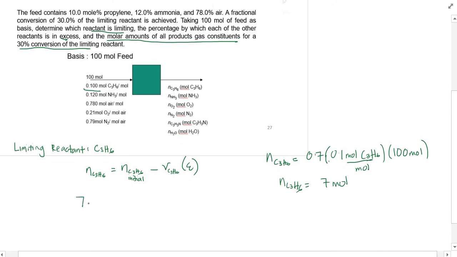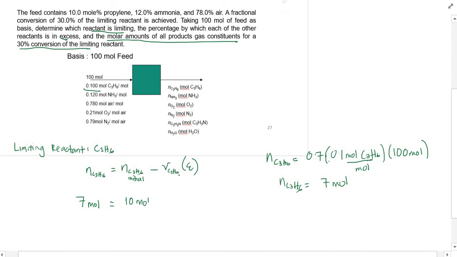Here you have 7 moles equals the initial, which is 10. You can write 10 directly, or you can write 0.1 mole C3H6 per mole multiplied with 100.